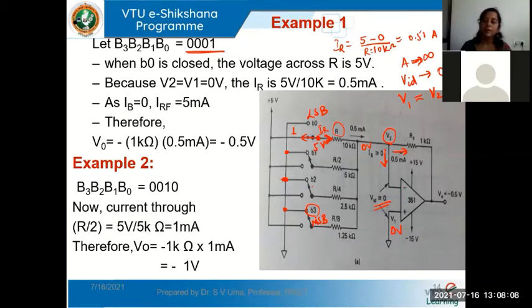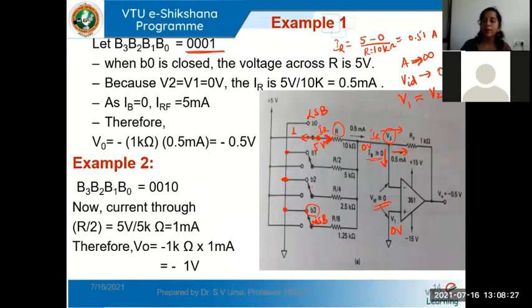So the bias current IB which flows into the op-amp is almost 0. All the current IR which comes here will continue flowing through this resistance RF.